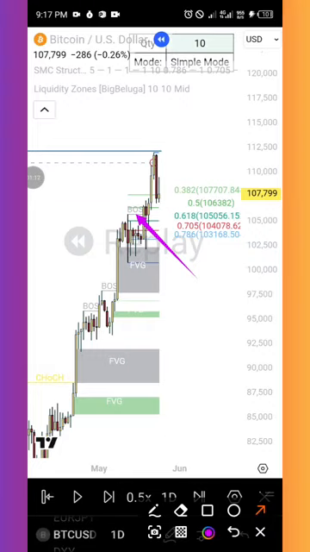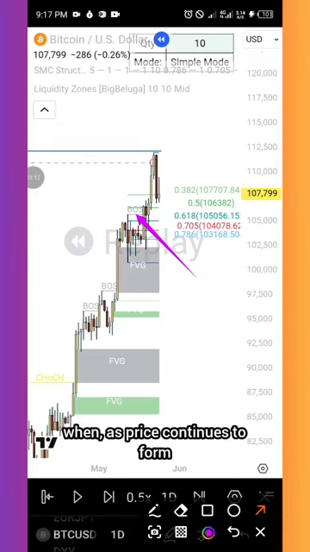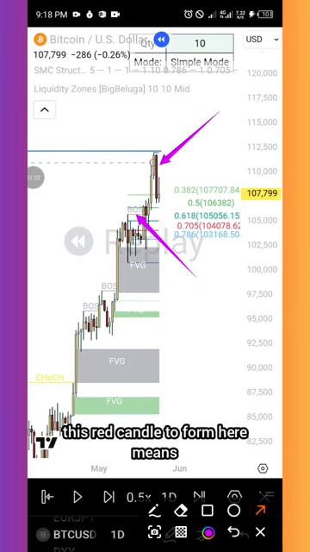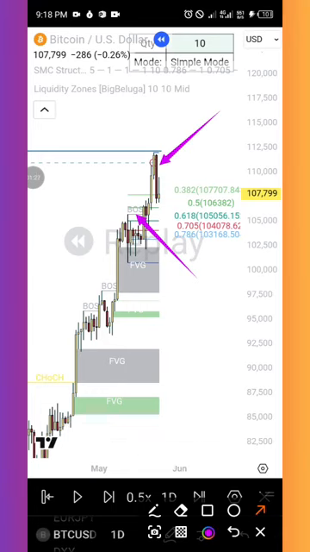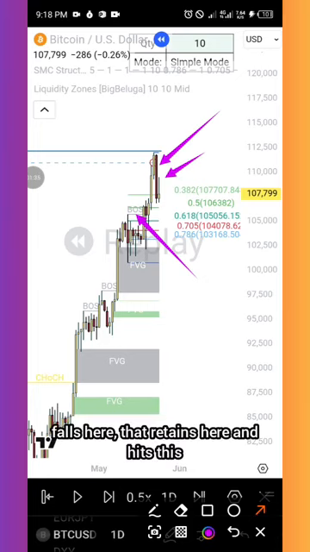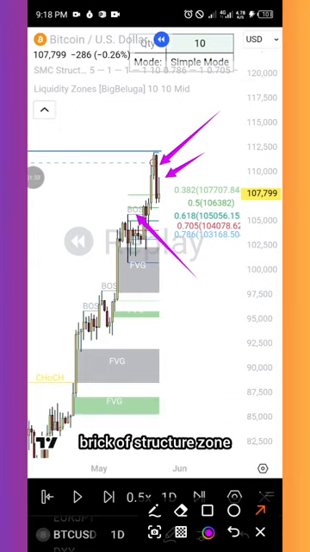Okay, so let's see what happens as price continues to form. For this red candle to form here means there is already a resistance. There is a clear resistance at this place. That's why you have this big red candle that fell here, retraced here and hit this break of structure zone.